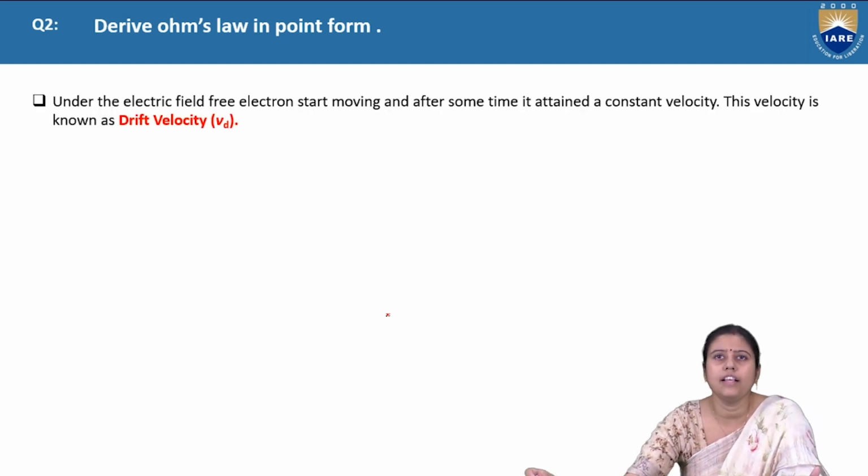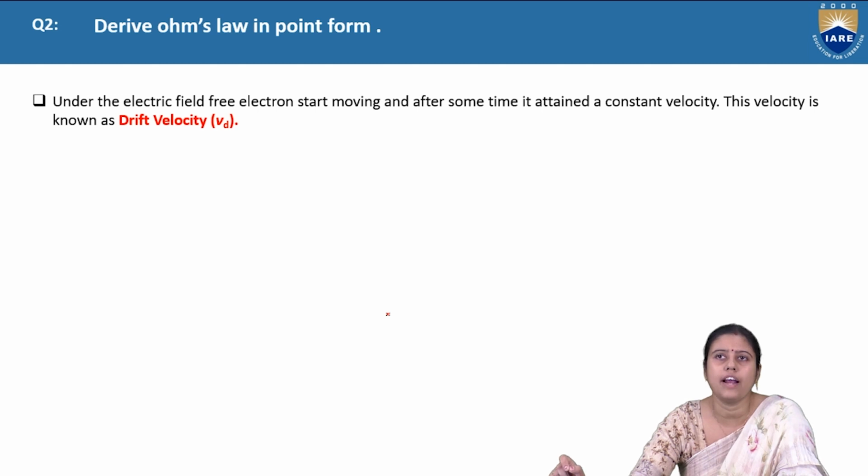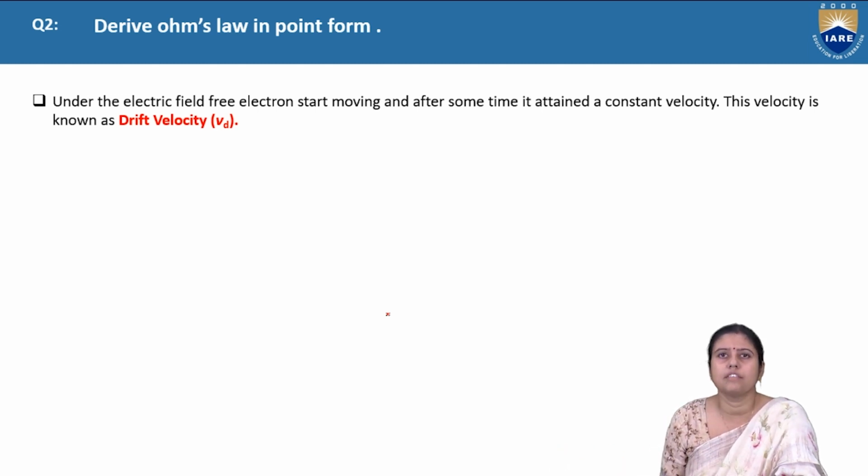Under the electric field, free electrons start moving, and after some time they attain a constant velocity. This velocity is known as the drift velocity Vd.